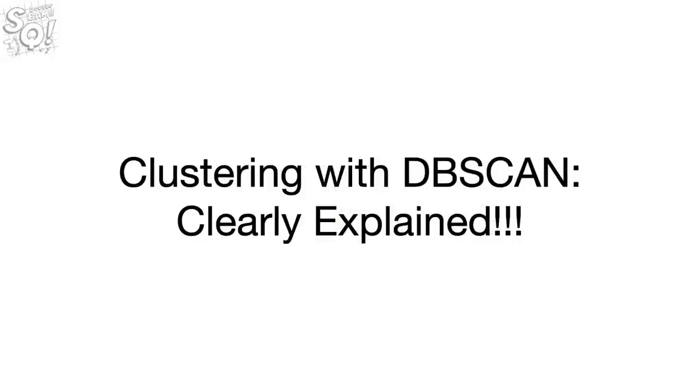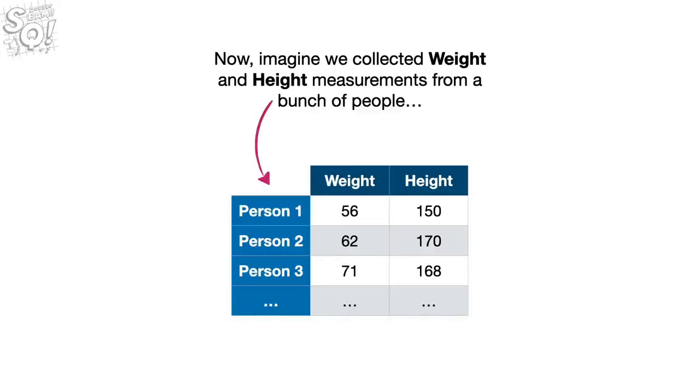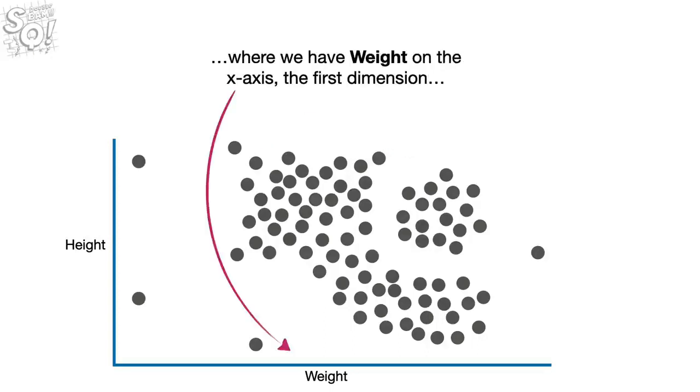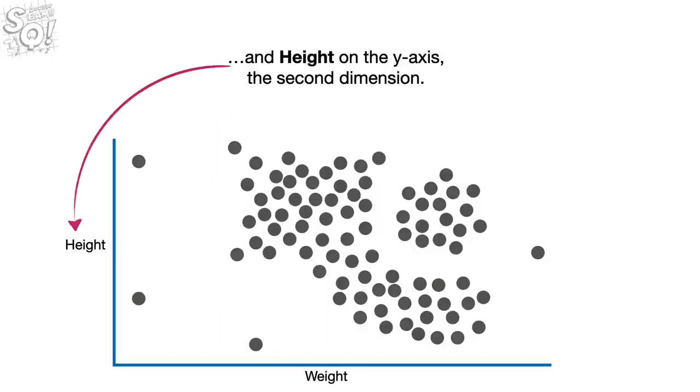Today we're going to talk about clustering with DBSCAN, and it's going to be clearly explained. Now, imagine we collected weight and height measurements from a bunch of people, and we plotted the people on a two-dimensional graph like this, where we have weight on the x-axis, the first dimension, and height on the y-axis, the second dimension.